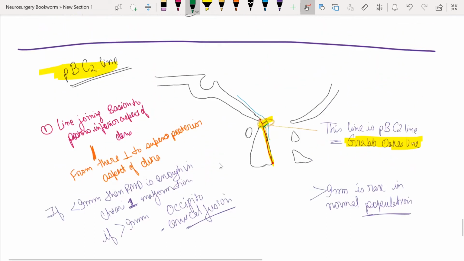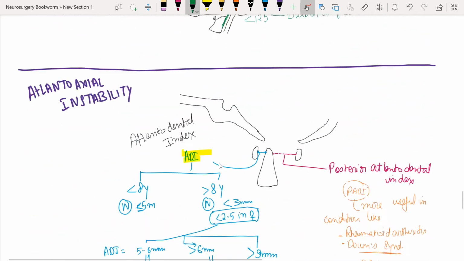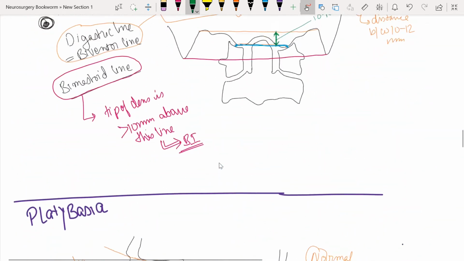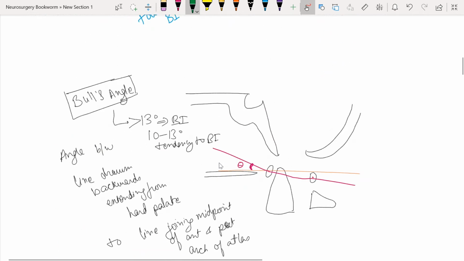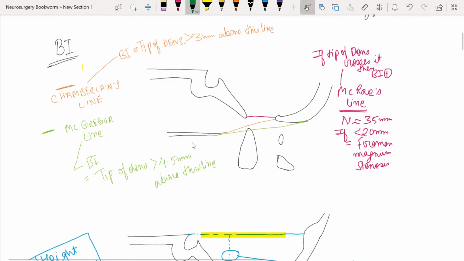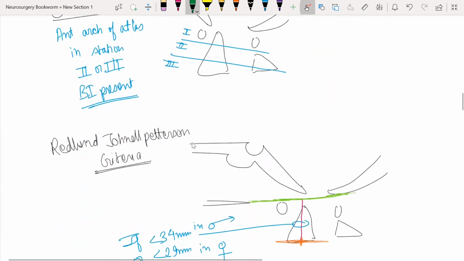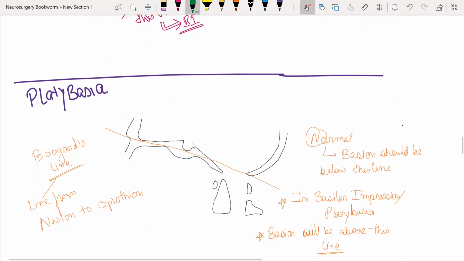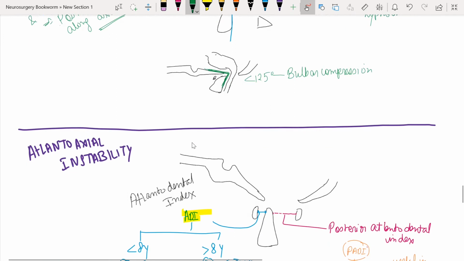Now that's all. These are all the lines which I wanted to discuss in CV junction craniometry. You can go through them when you go through the books. There are various variations in the values given for these lines.